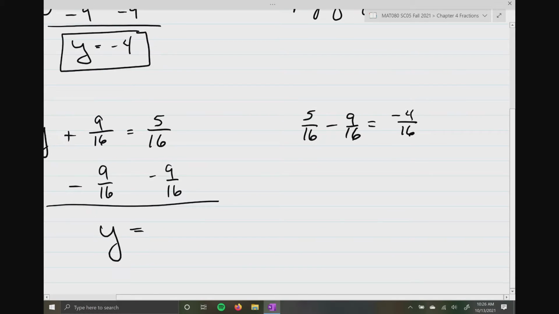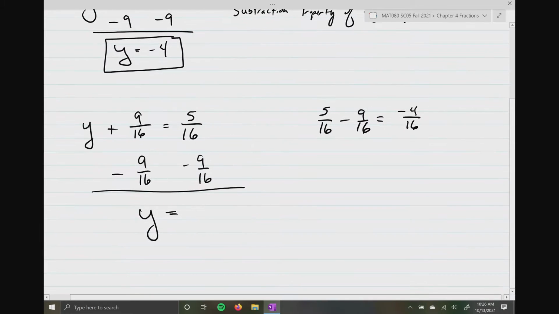So, off to the right, this is going to be negative. 4 is 2 times 2. 16 is 2 times 2 times 2 times 2. Reduce what you can. 2 over 2 turns into 1 over 1. So it looks like my final result is y equals negative 1 over 4.